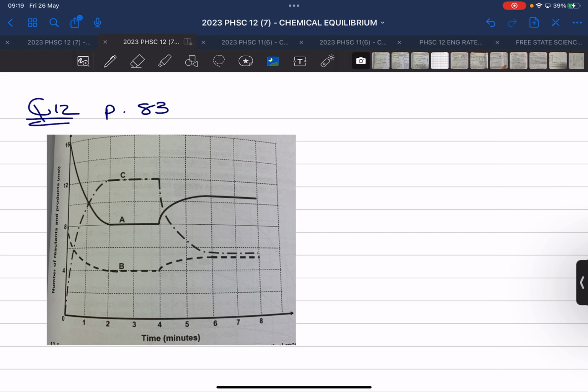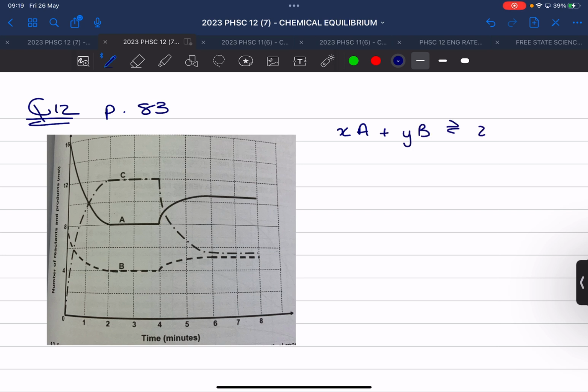Then they say it represents a hypothetical reaction in an equilibrium container and after 2 minutes at room temperature, it reaches equilibrium. The letters X, Y, Z represent the number of moles in a balanced equation. So if we look there, we have xA plus yB gives you zC.